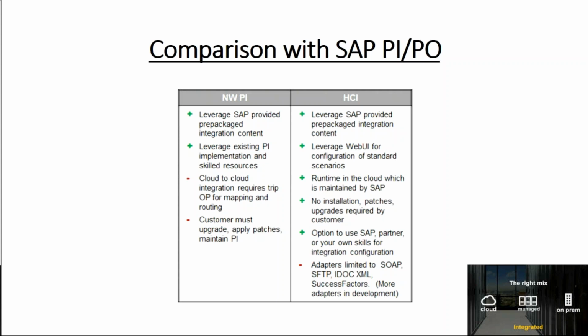Okay. Coming back to our slide, there is a con of HCI, that you have limited adapters available as of now. But the SAP HCI team is bringing up and developing new adapters very frequently.